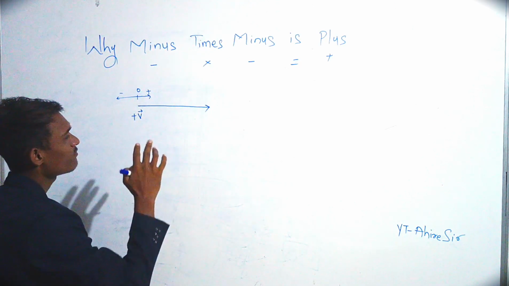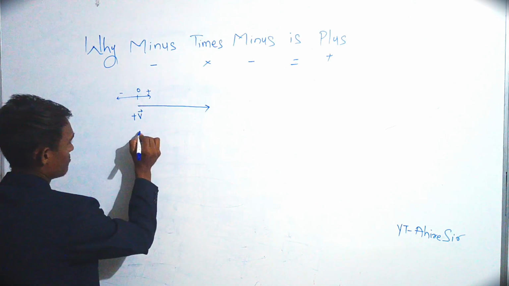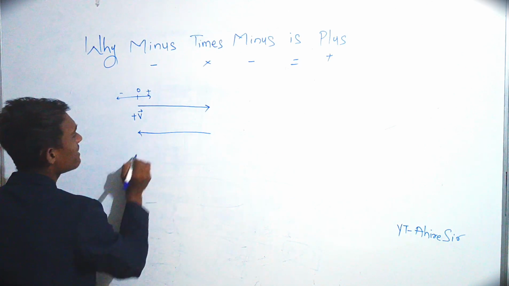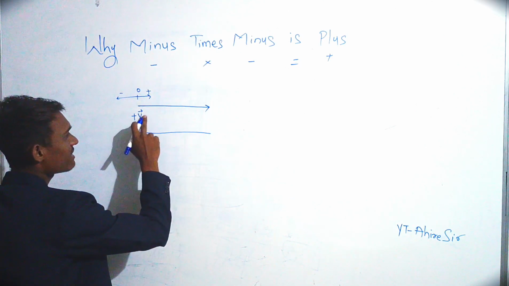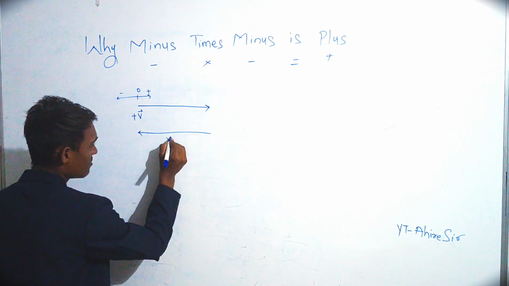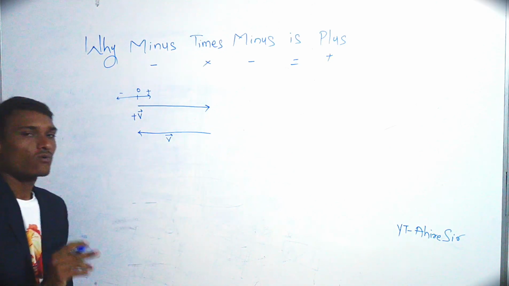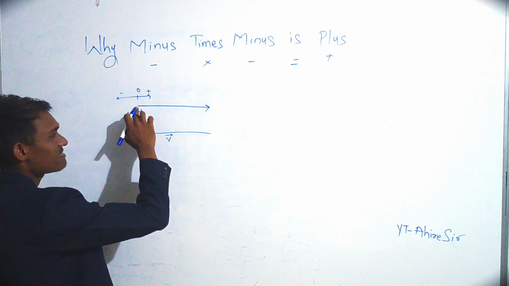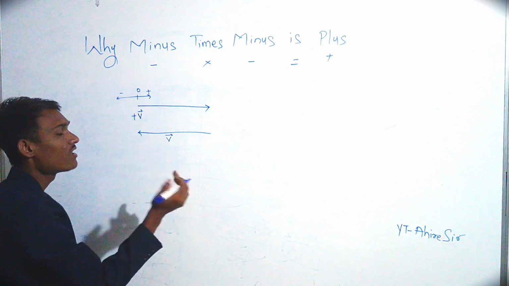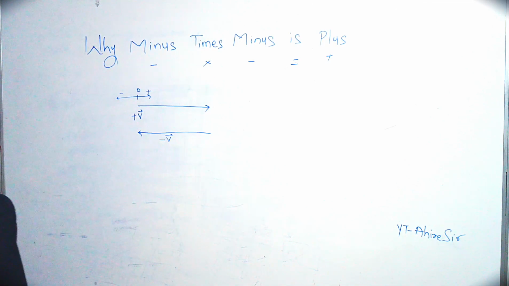If you take the same magnitude but a different direction, the vector has the same magnitude as this one. But once it starts here, it goes there and then comes back to the left side, so it is a negative one, a minus one.